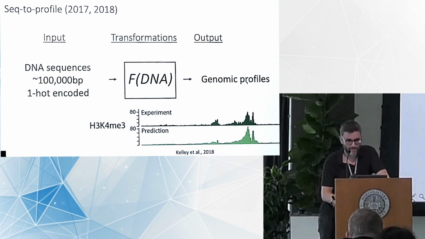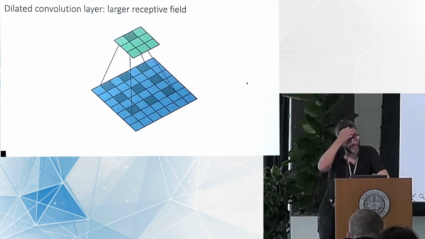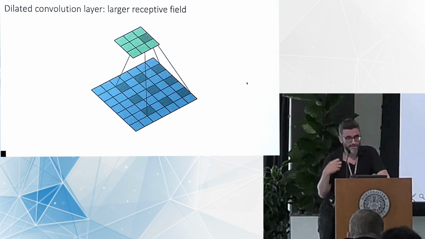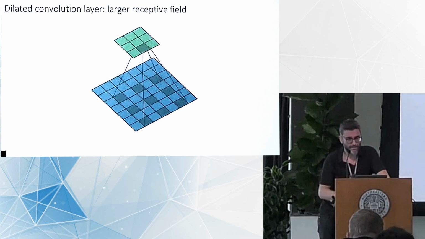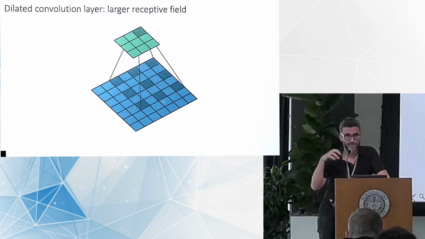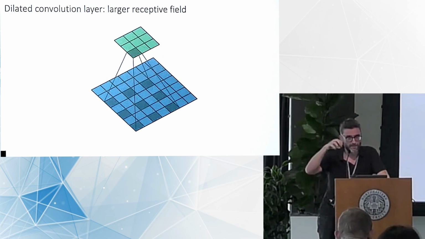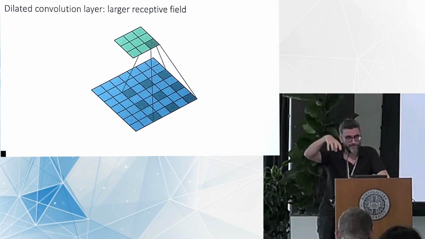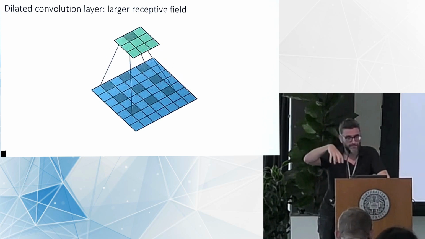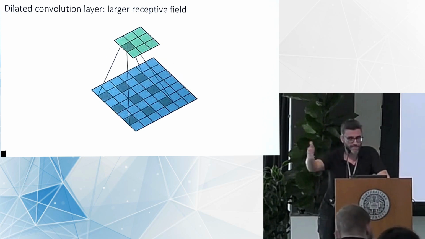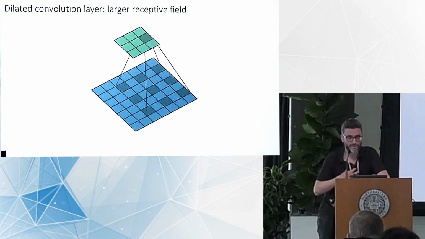So what are the couple of tricks that they used? One is a dilated convolution layer, same idea as the convolution, except instead of taking just adjacent pixels and passing those to the next layer, you're taking pixels spread out by some dilation factor. Here the dilation factor is 2. That's actually also the same dilation factor that we often use in genomics.